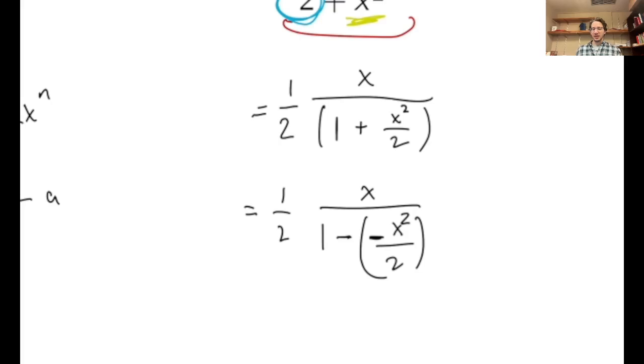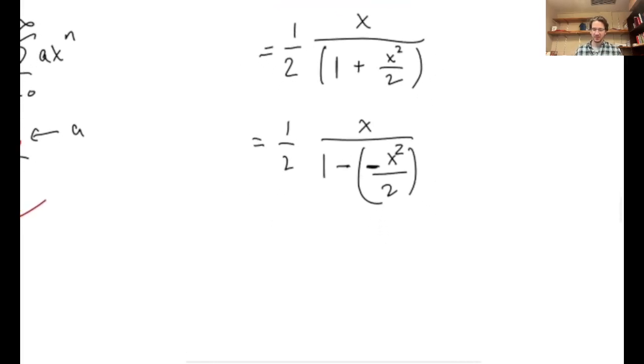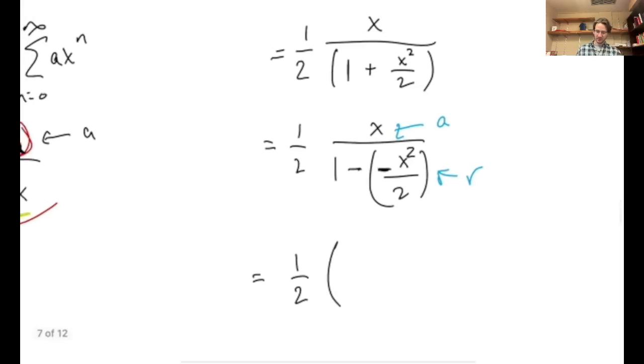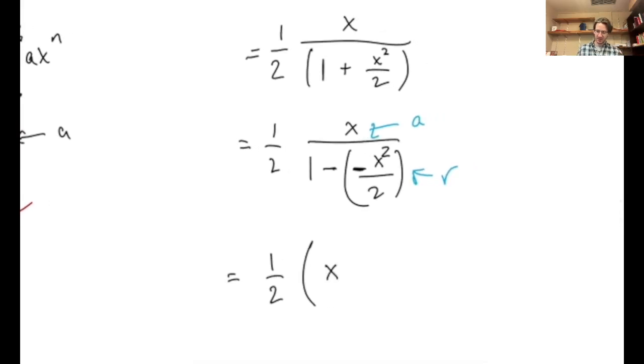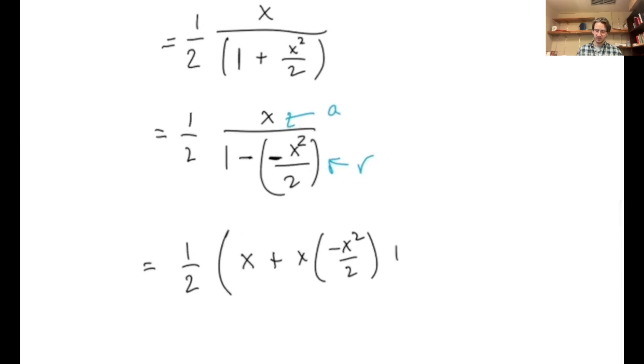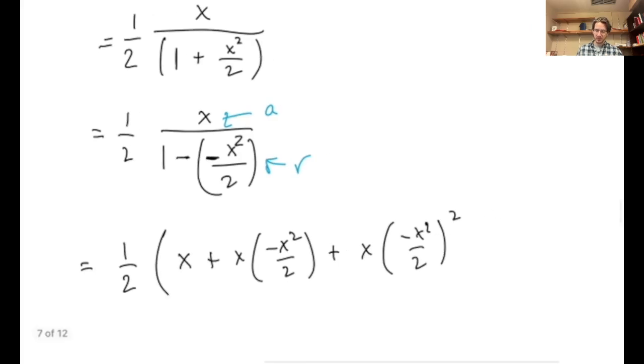Okay. And now, hopefully, you see that if I call this A and this R, then this is the same thing as 1/2 times, well, A is x, so x plus A times R, so the first term, x times negative x squared over 2, plus A times negative x squared over 2 squared, plus x times negative x squared over 2 cubed, and so on, right?